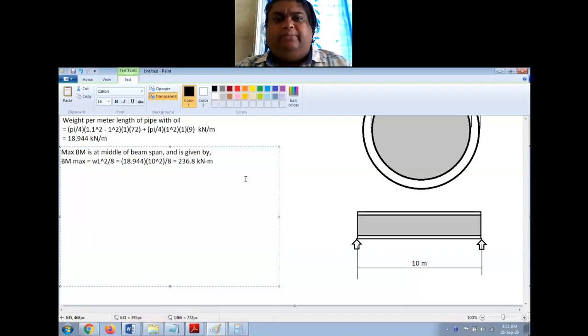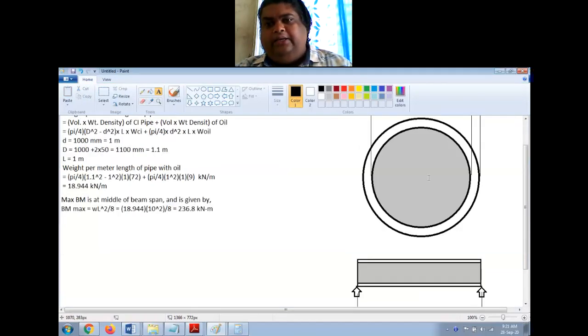Now in order to find the bending stress, I need to first find the moment of inertia of the pipe. Now remember one thing, the oil contributes to the weight, but it does not take any stress. Oil flows through the cast iron pipe. It is only increasing the bending moment.